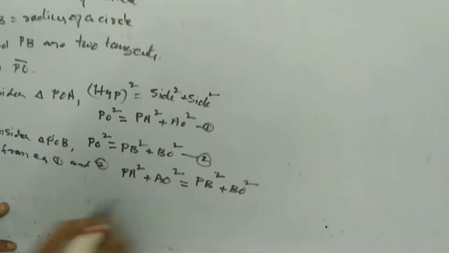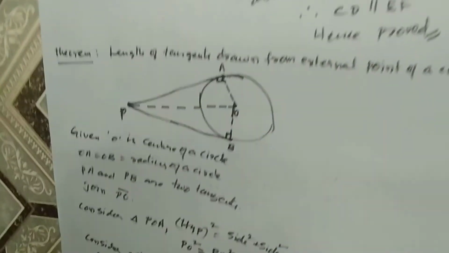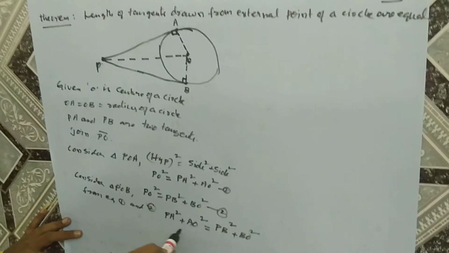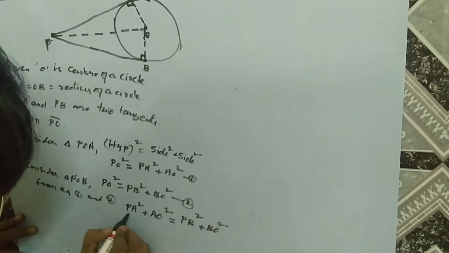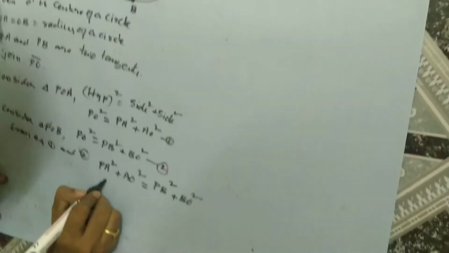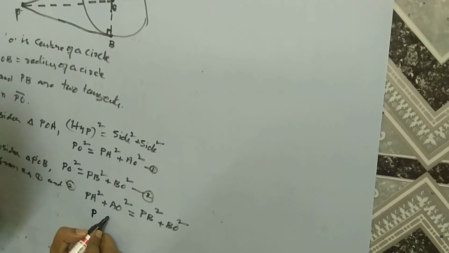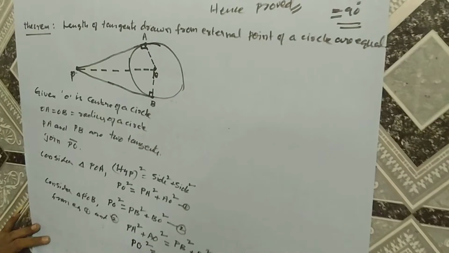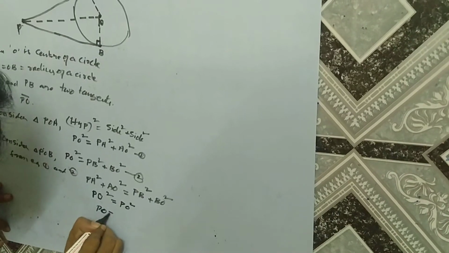So PB square plus BO square and PA square plus AO square are both PO square, so they are equal. This can be written as PO square equal to PO square, so PO equals PO.